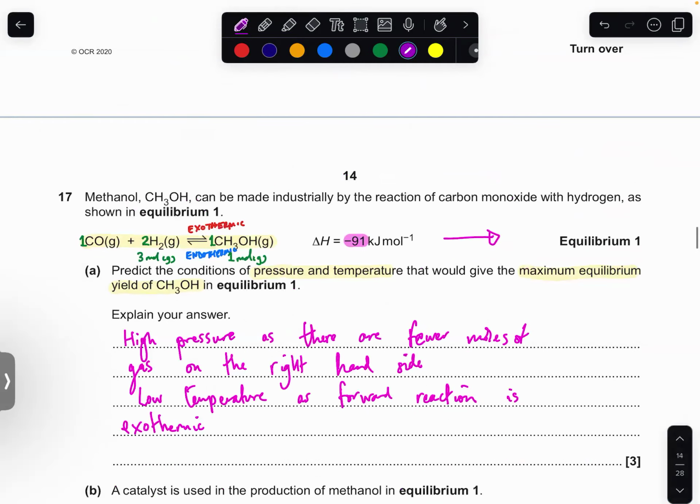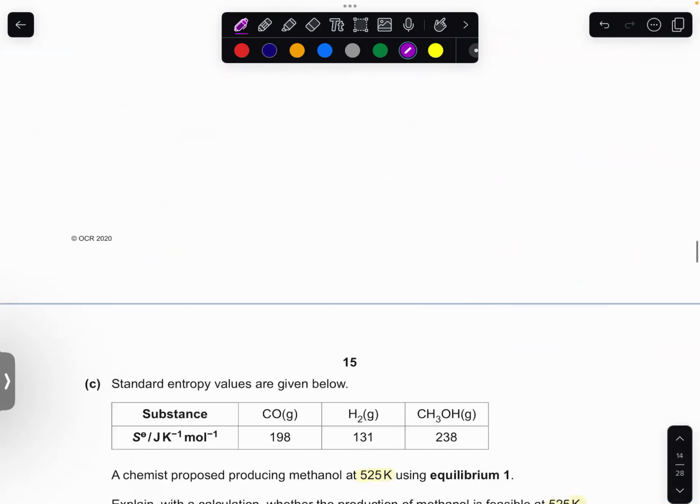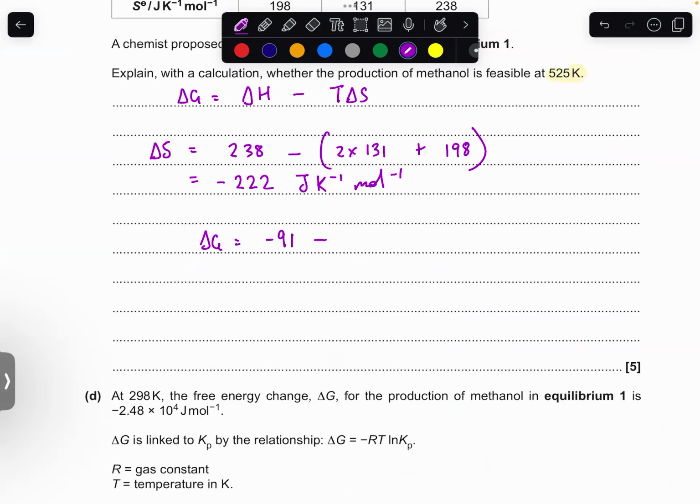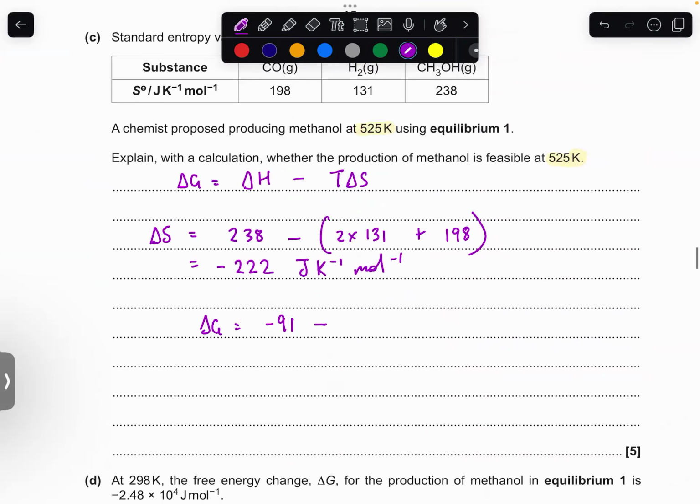So delta G is equal to minus 91 minus T, which is given in the question, the temperature, multiplied by minus 222 over 1000. Let's see what this gives us.